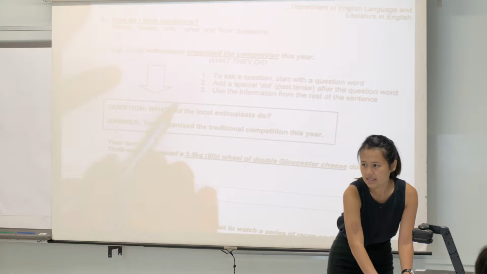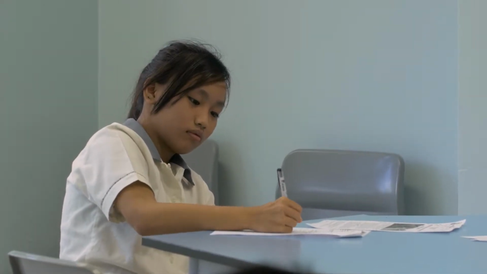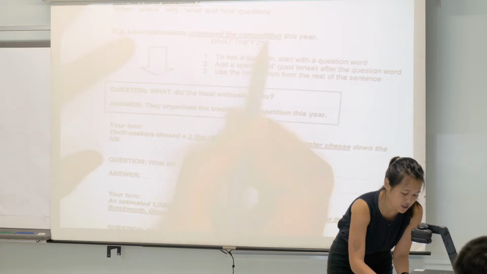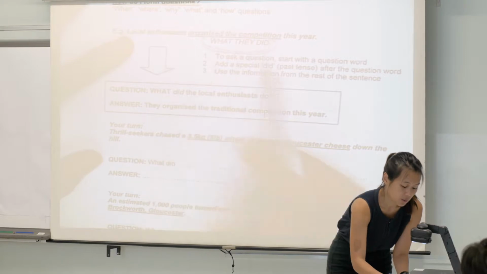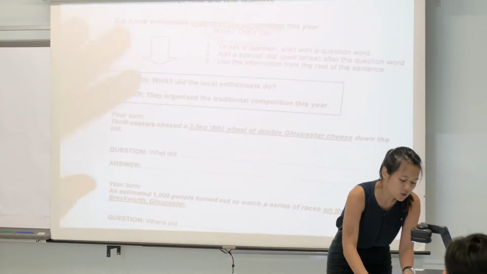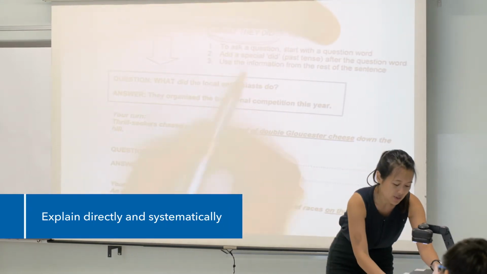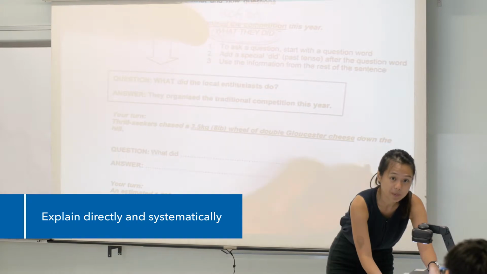Let's understand that this is how we're going to structure the question. Okay? Local enthusiasts organized the competition this year. So I found the information. What they did was to organize the competition. That is an action. Okay? So to ask my question, I start my question with a question word. So in this case, it's what?